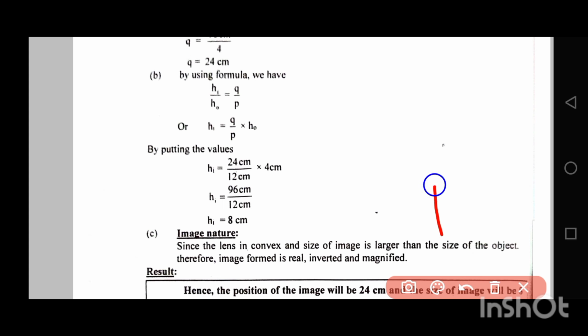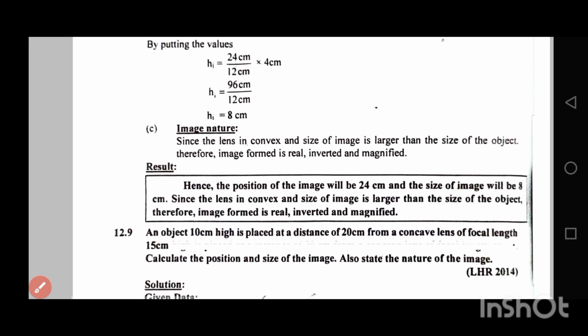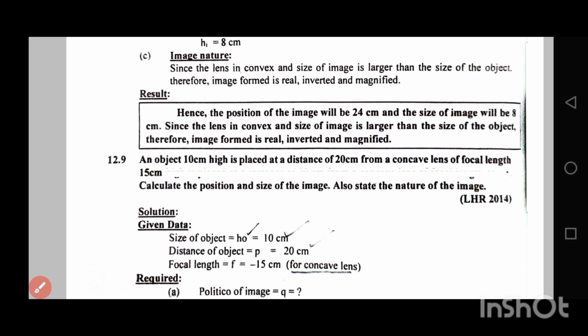Dear students, now we discuss numerical 12.9. An object 10 cm high is placed at a distance of 20 cm from a concave lens of focal length 15 cm. Calculate the position and size of the image. Also, state the nature of the image.